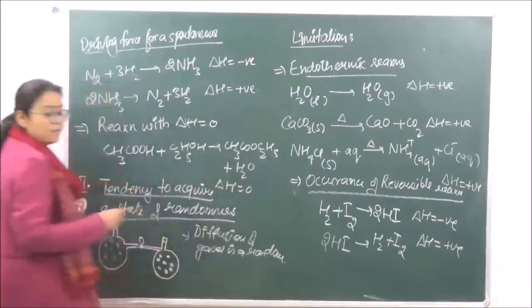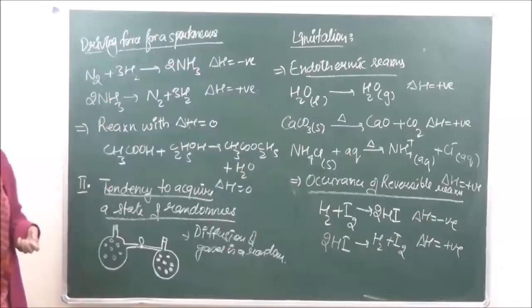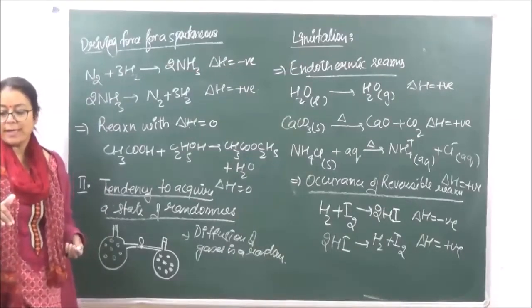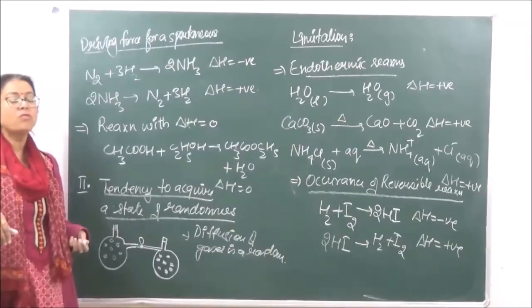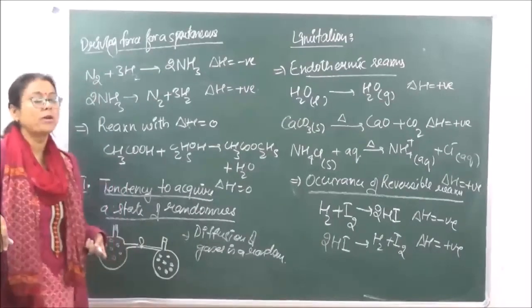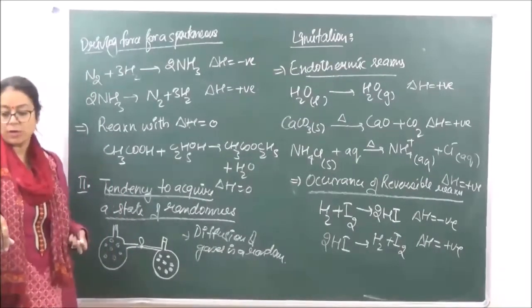Why? Because randomness over here is going to increase. Okay, so generally spontaneity क्या हुई? To move from an ordered arrangement to a disordered arrangement. That is what spontaneity is.